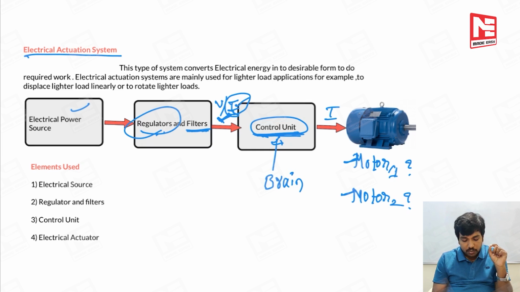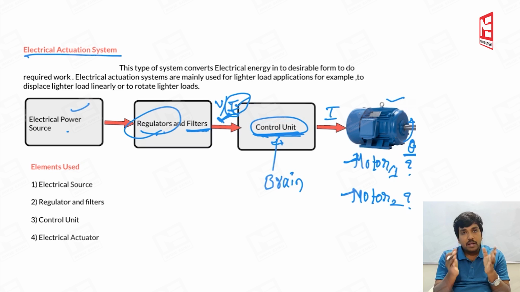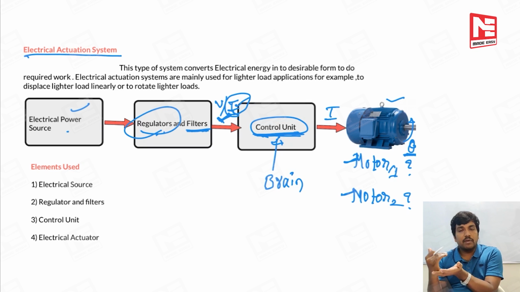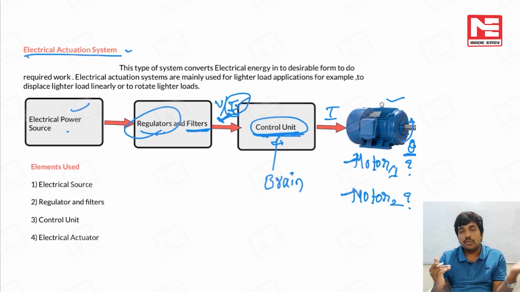What are the elements we used here? First, the electrical power source. Second, the regulator and filters. Why are the regulator and filter required? The filter purifies the electrical form, and the regulator changes the level. If there is any fluctuation in the voltage, the regulator will keep the voltage at the required level even if there is some fluctuation on the input side.